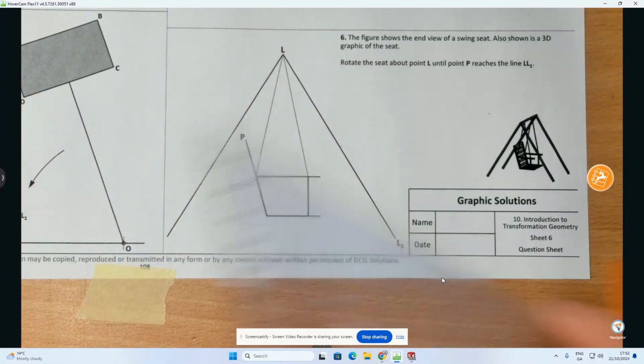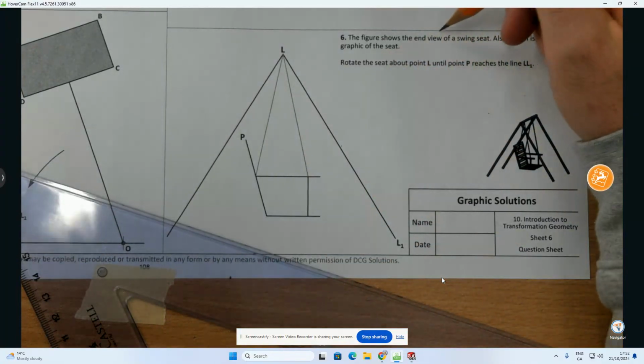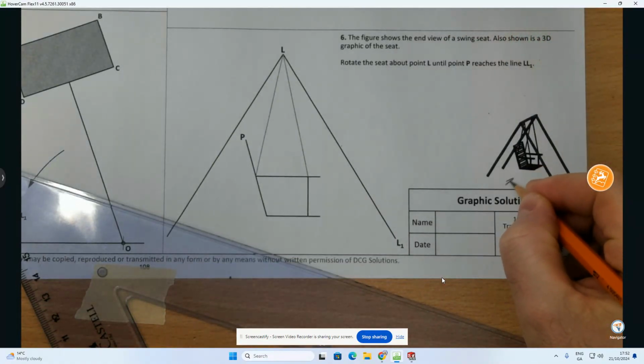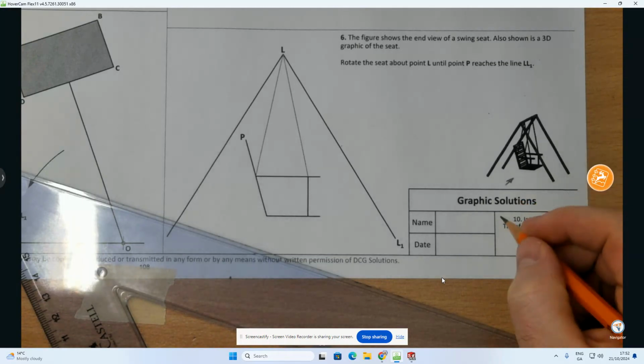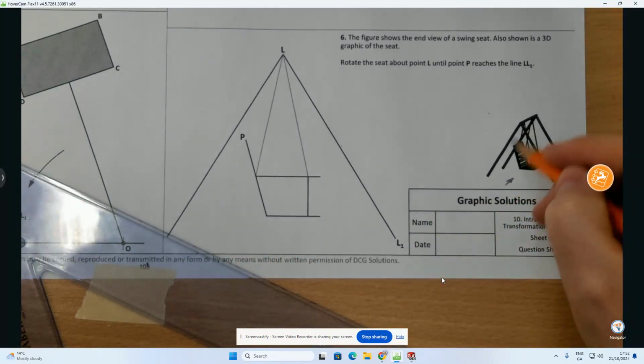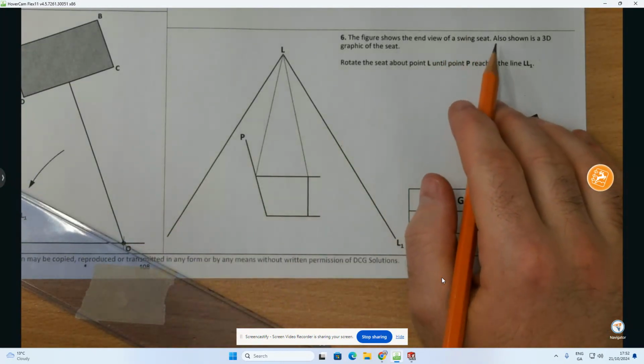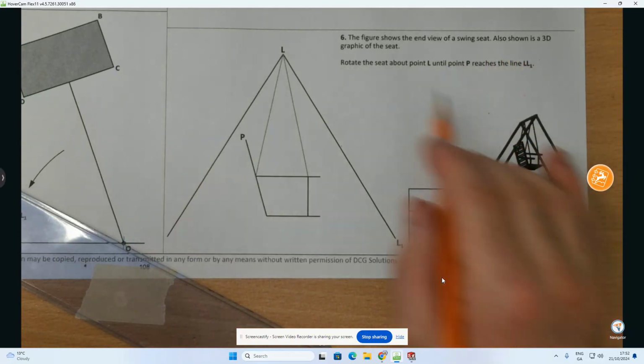So it says here, the figure shows the end view of a swing seat, so it's like we're looking in from that direction there. And we can see the triangle for the swing portion and then the seat part here. It also shows a 3D graphic of the seat.